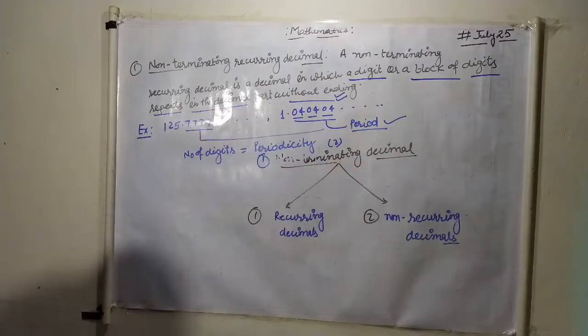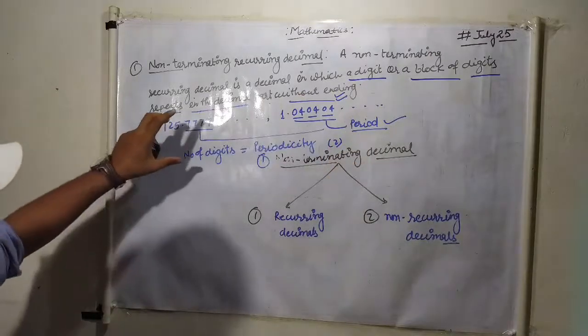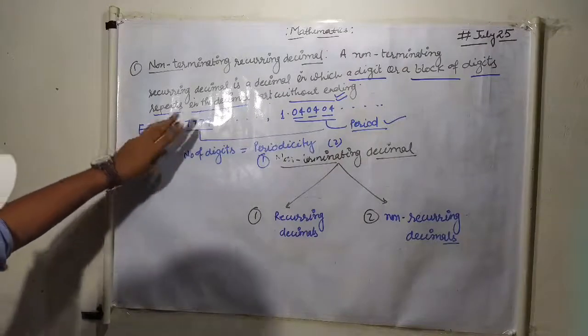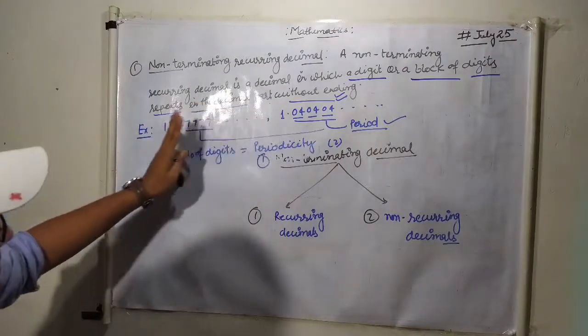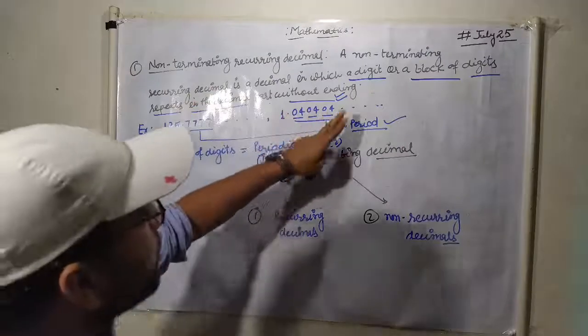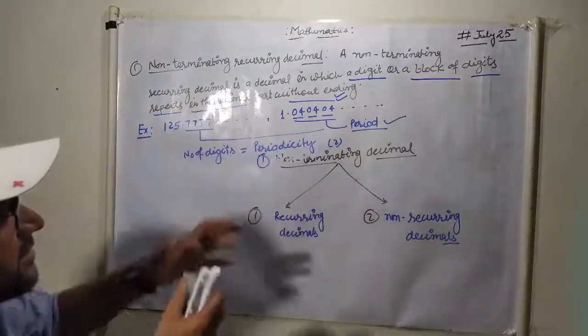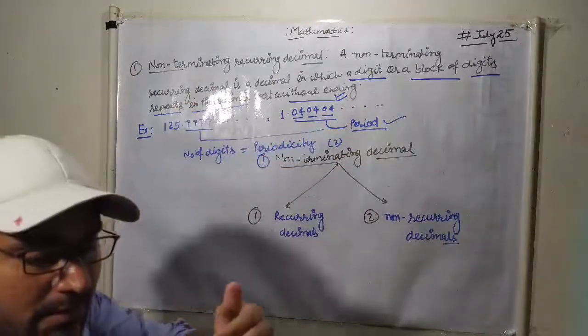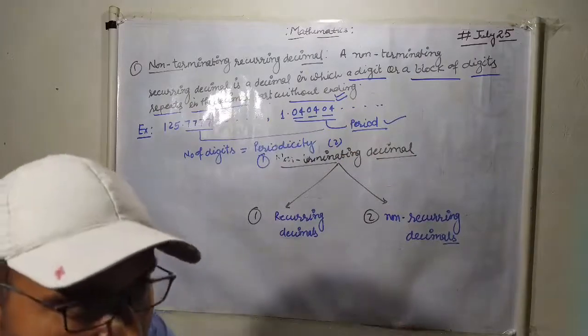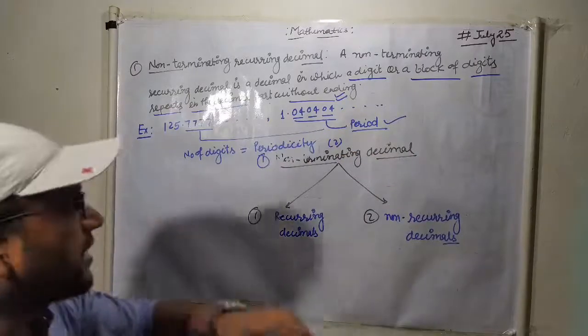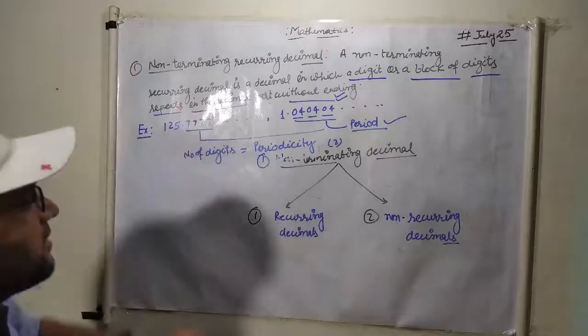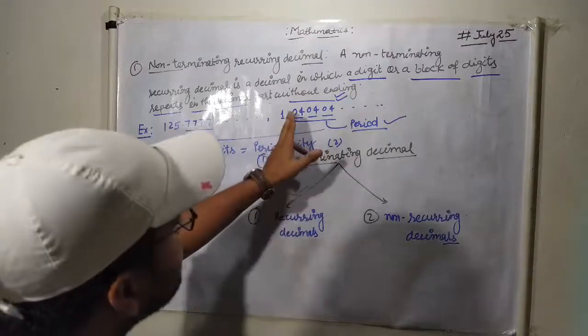Okay, means in this one it is not ending. 7 comes, here 04 comes, but it repeats after a few digits. Here it repeats after 7 and here it repeats after 04.